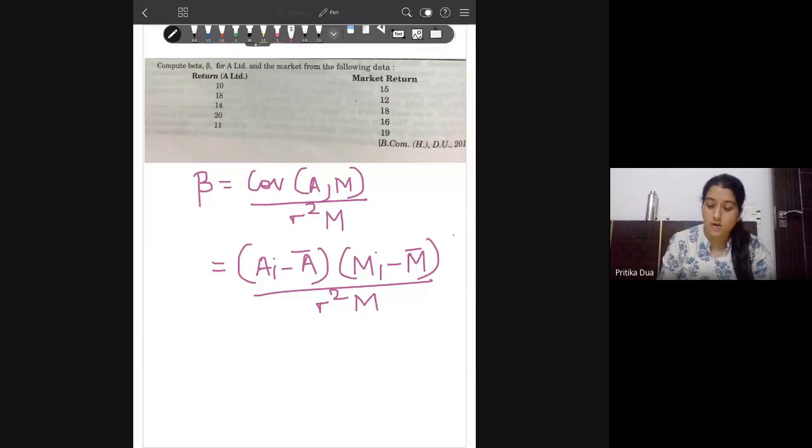In this case you are not given the probability, so in both it will be divided by n, that is the number of observations. So A bar will be the average of the returns given for A. M bar will be the average of the market return, and then you can proceed with the calculation.